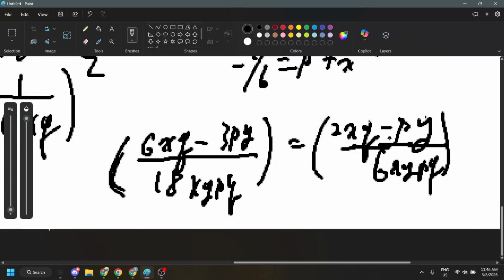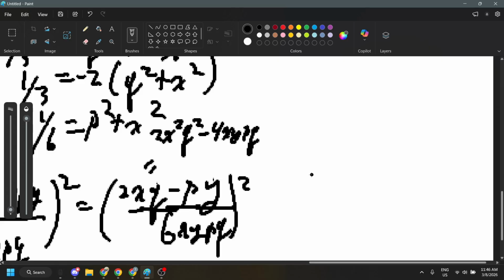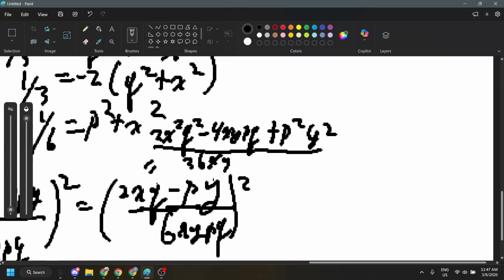What if we were to square this? Because remember, this needs to be squared. So that's going to be equal to 2x squared q squared minus 4xypq plus p squared y squared all over 36xy, all that squared.